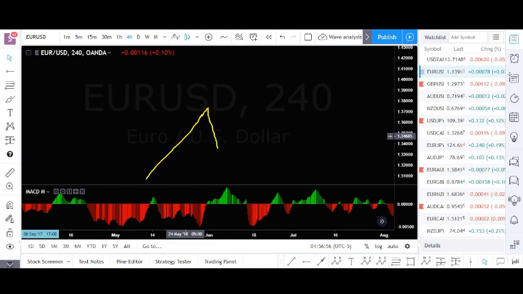So you get this move, let's say this is a daily, and then you get this B wave coming up. What we will do is, maybe on this, we will go and buy what they call a put option on this level, this price over here.